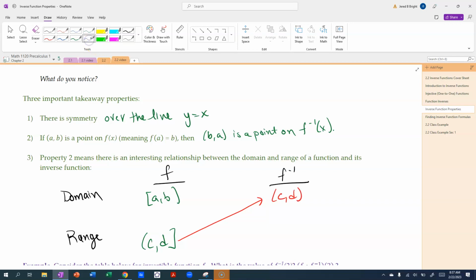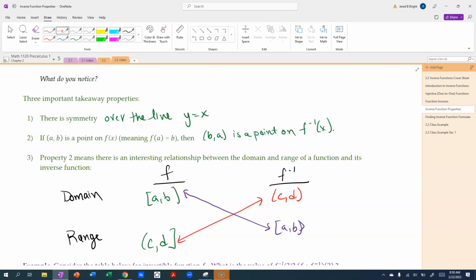In the same way, the range of the inverse should be the domain of f, so this should be a, b. These things switch. One thing that I often do is, if I know that the function's invertible, range is super hard for me to find, but I find the inverse function, right?